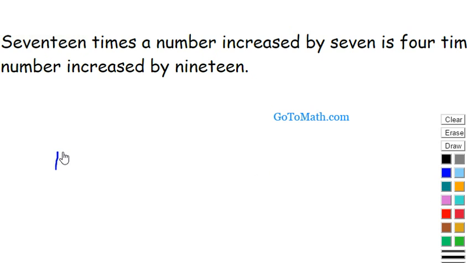So 17 times some number, we're going to let x be that number, increased by 7, so that means we're going to add 7 to it, is equal to, because is represents the equal sign, 4 times a number, 4 times the number, increased by 19.